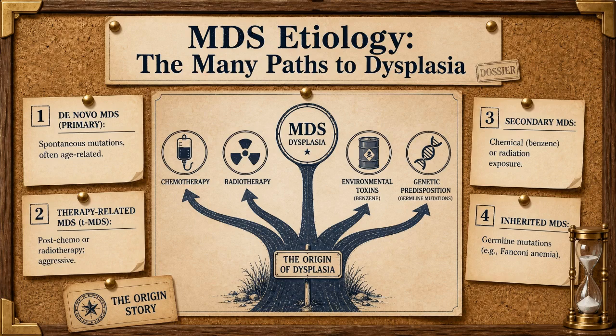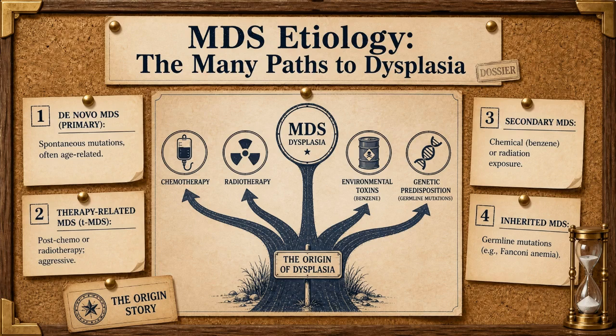The most common category is de novo MDS, also known as primary MDS. In these cases, the mutations arise spontaneously, without any identifiable external cause. It's often considered a disease of aging, as the cumulative effect of cellular divisions and environmental exposures over a lifetime can lead to random genetic errors.